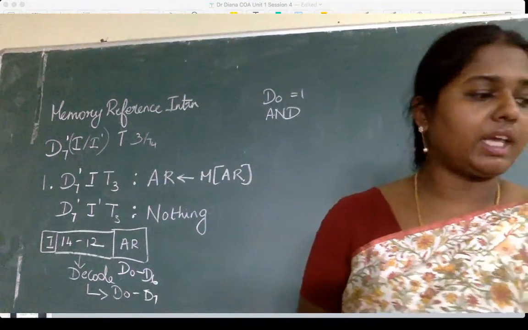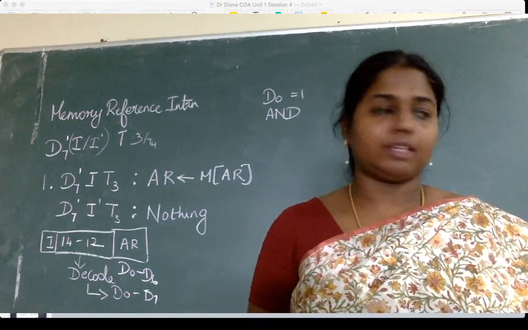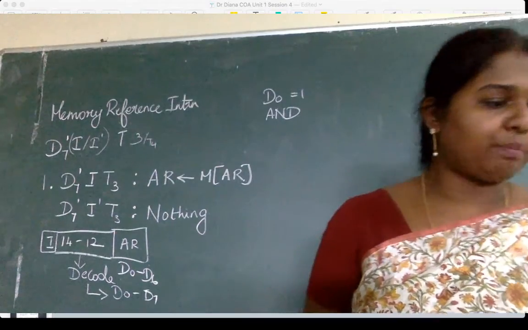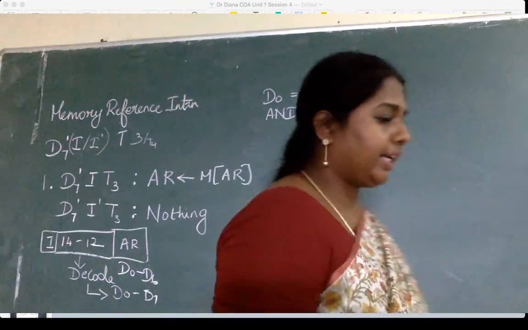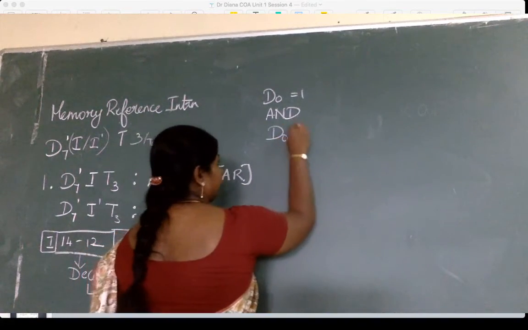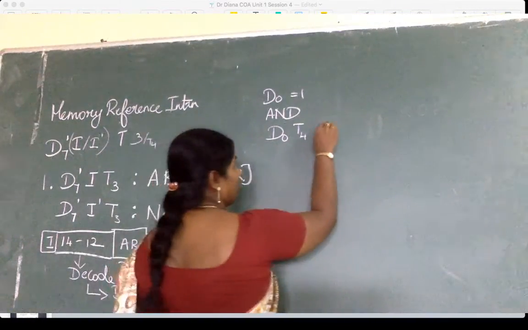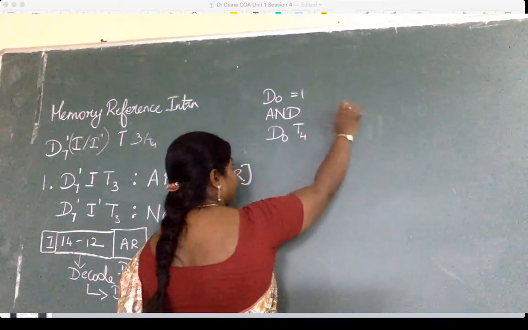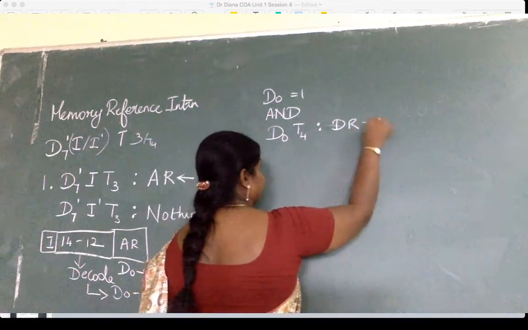So the first thing I perform is, I should bring that memory content into the data register. So at D0 at time cycle T4, I am going to bring something into the data register.